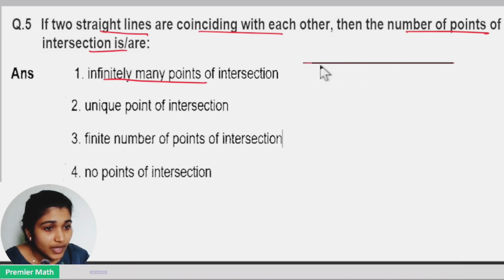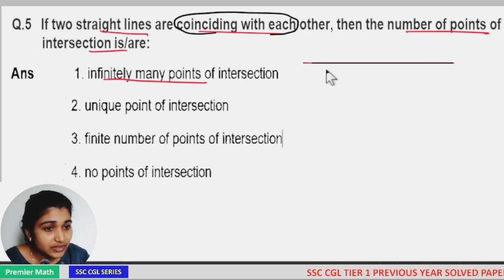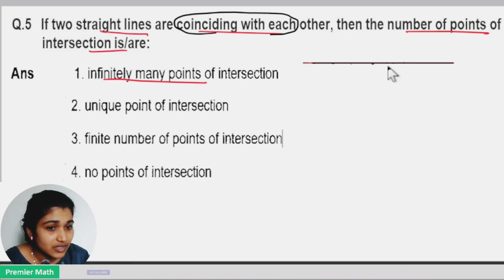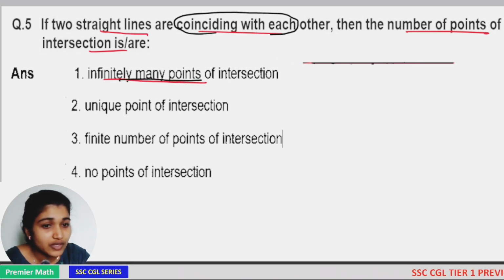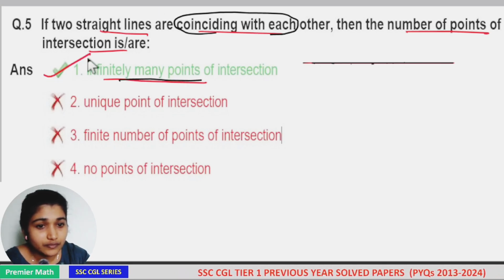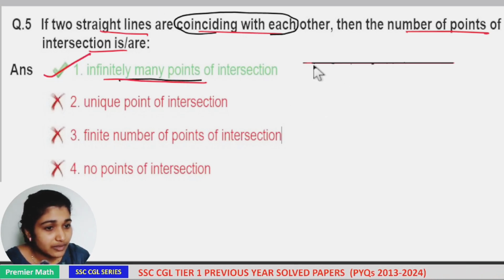So every point of each of these two lines are intersecting each other. So for coinciding lines, there are infinitely many points of intersection because each of the points of these two lines are intersecting each other. So option 1 is your answer. Coinciding line means overlapping line.